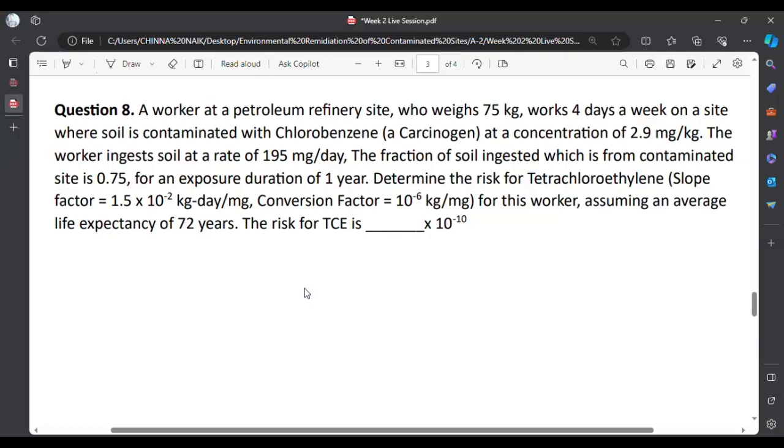Cf, the conversion factor, is given, 10 power minus 6 kg per milligram. And Fi, the fraction of ingested soil that is from the contaminated site, is also given, 0.75.